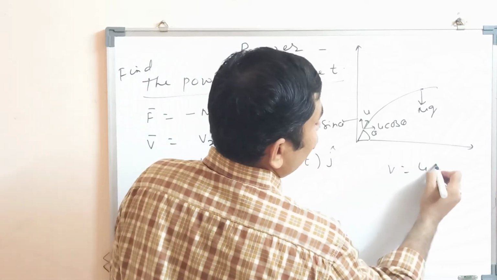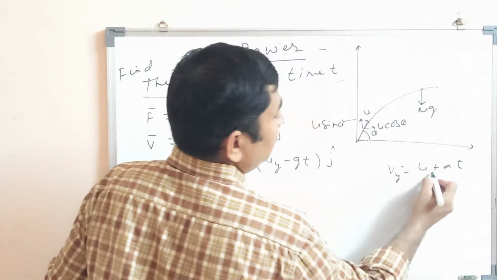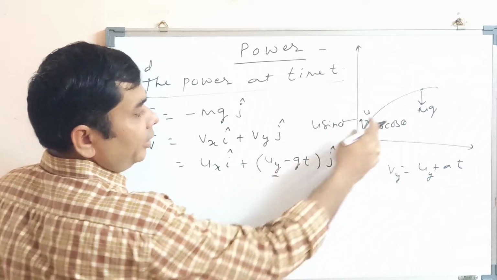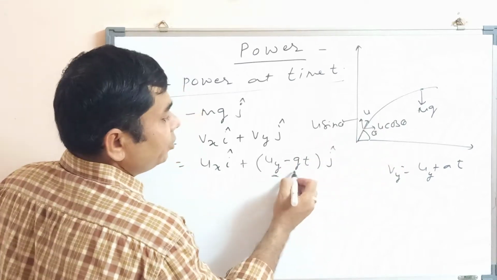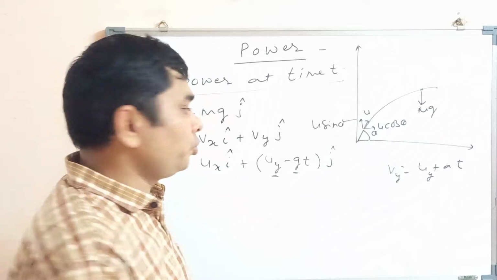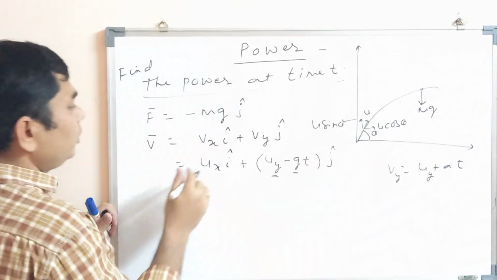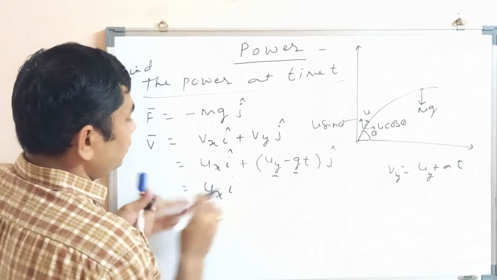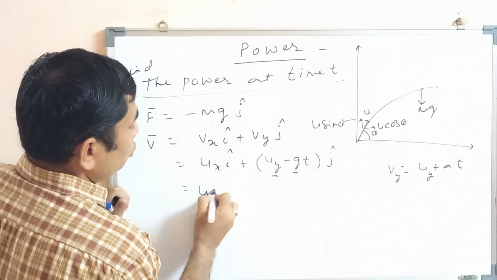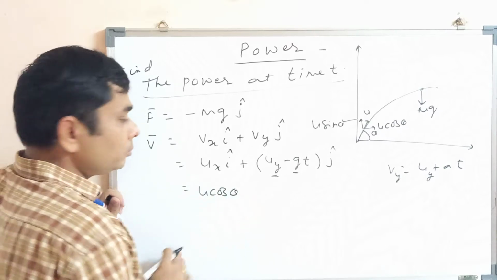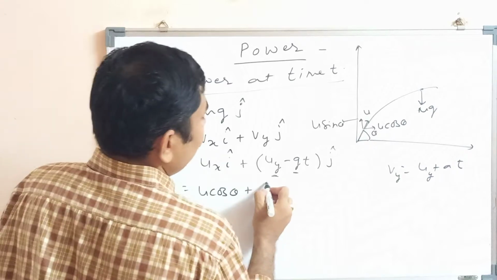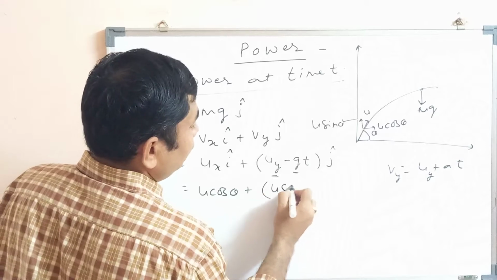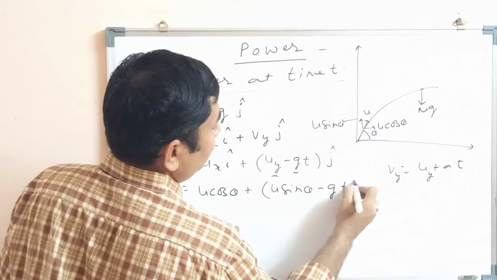See, velocity v is equal to u plus at. So Vy will be equal to uy plus a into t. uy is the y component of the initial velocity, minus g is the acceleration because this is projectile motion, and t is the time. So this will be equal to ux i cap, what is ux? ux is equal to u cos theta, plus uy, what is uy? u sin theta minus g t, j cap.